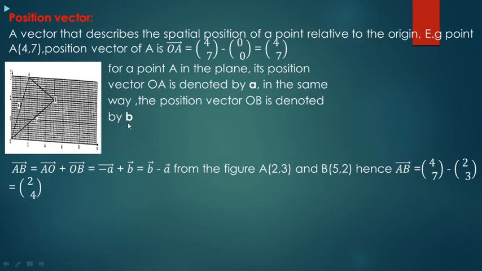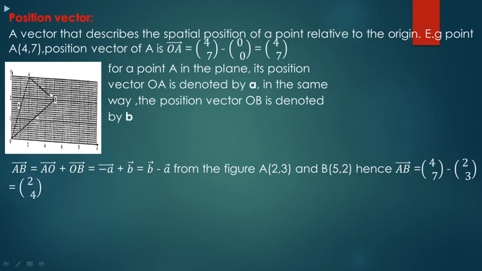That's position vectors. Now, if we want to find the AB vector, it is the AO vector plus the OB vector.